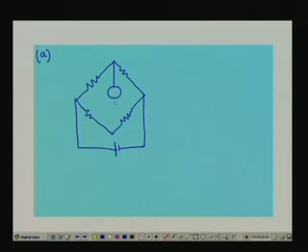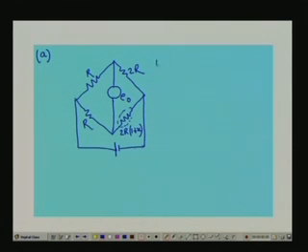This is the output voltage EO. This is the resistance R, this is 2R, this is R, and this is our RTD. Its resistance is 2R multiplied by 1 plus x.